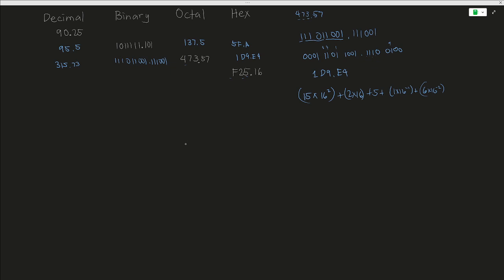Kunyari, mag-add tayo ng 473 plus 57, pero naka-base 8 sila. Okay. So, paano yung pag-add nito? So, the first thing you do is you simply write it.